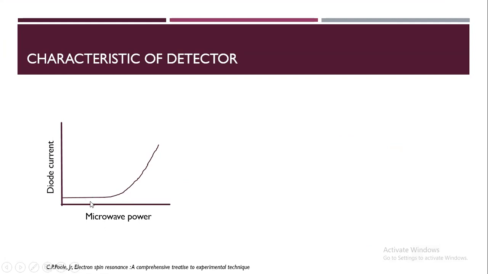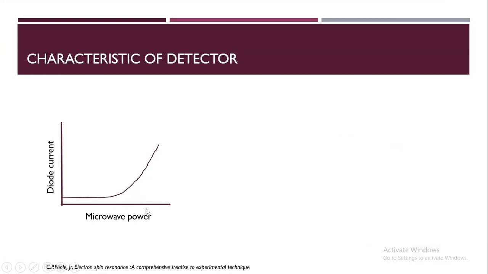The change in the power will not give us any signal, or the diode current is not changing. It means we need more power in this range. So what can we do? How can we change the microwave power, or how can we go from this range to this range?